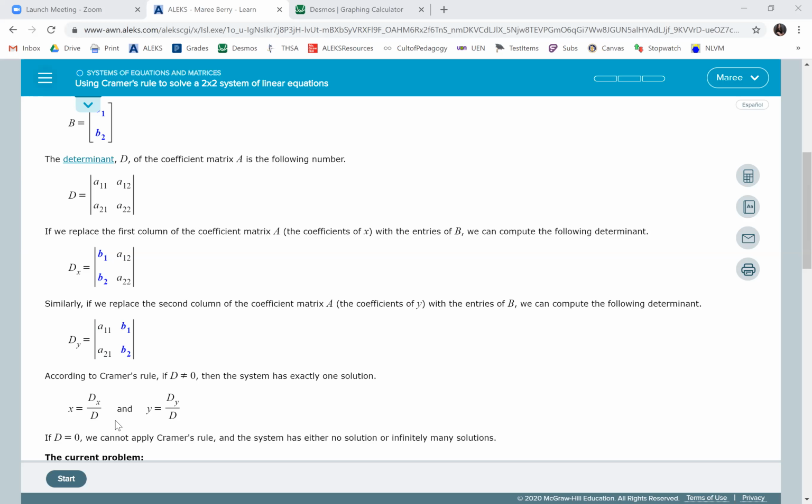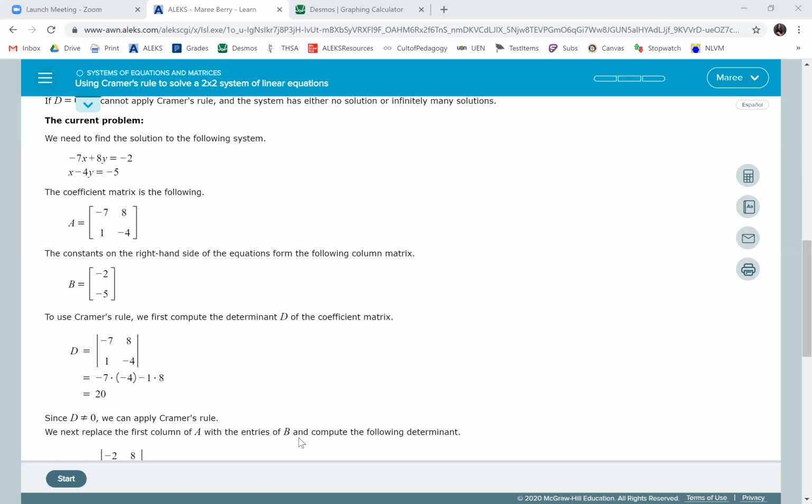That's what x equals. Then you do the same thing for y. You plug in the answers for the y column and find the determinant. So you multiply across, subtract the product of the other two, put that in the numerator divided by the determinant of the coefficient matrix, and that will be y.